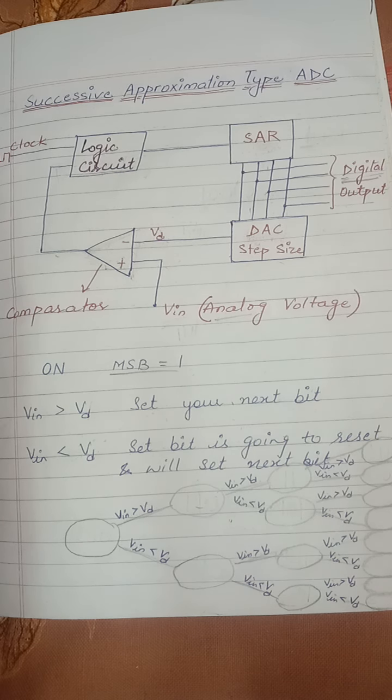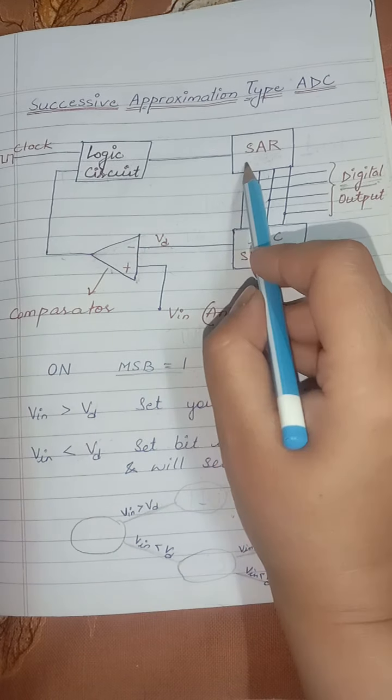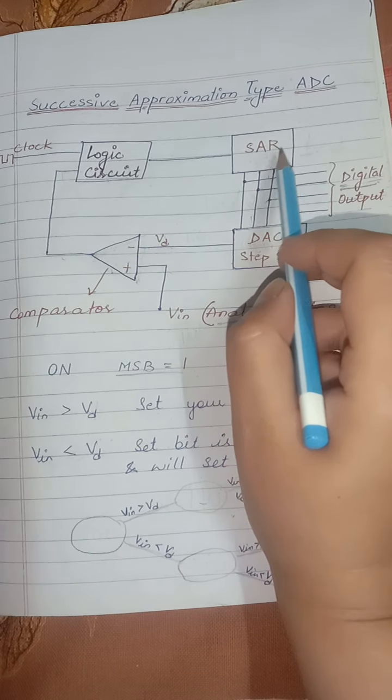Basically it was a very slow converter, and it was taking 2 raised to power n minus 1 clock pulses to convert the analog form to digital. That particular problem is solved here by replacing the n bit counter with the SAR, that is a successive approximation register.